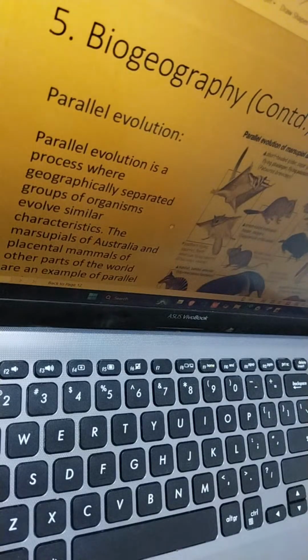What is parallel evolution? A process where geographically separated groups of organisms evolve similar characteristics.